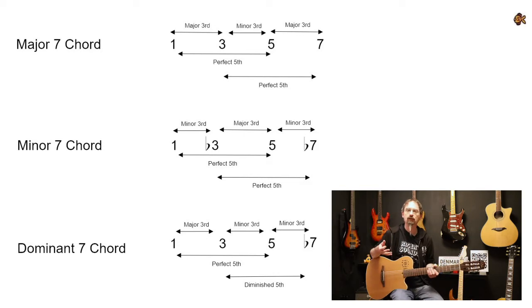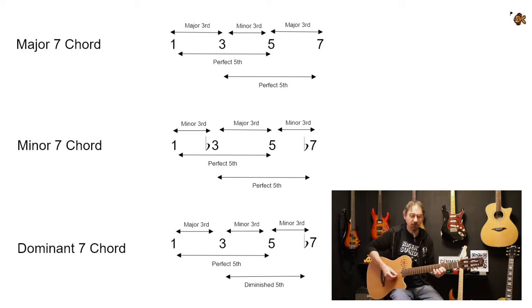And when you take the 7th degree of a major 7 chord and lower it by a semitone, what happens with the intervals in there, instead of having an interval of a perfect fifth between a 3rd degree and a 7th degree, we have an interval of a diminished fifth, 6 semitones, between the 3rd degree and the flat 7th degree.